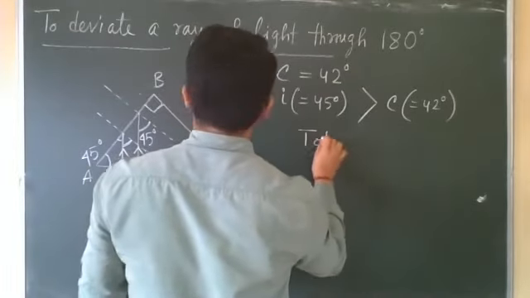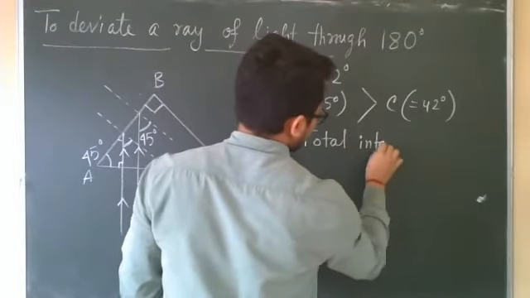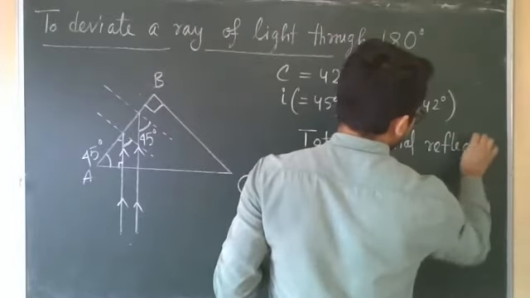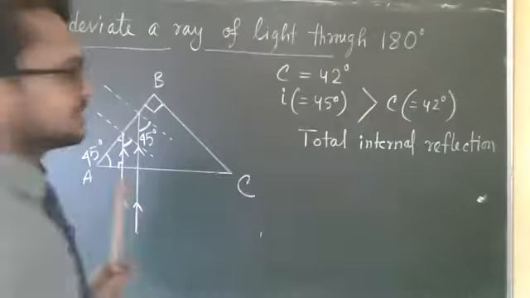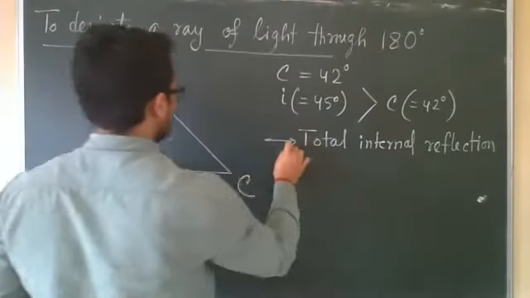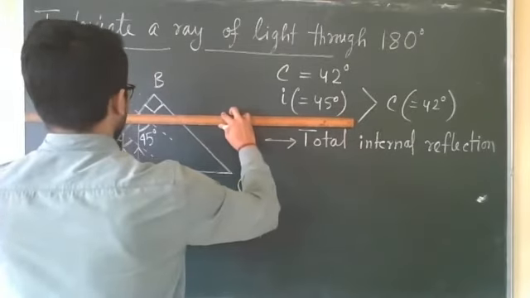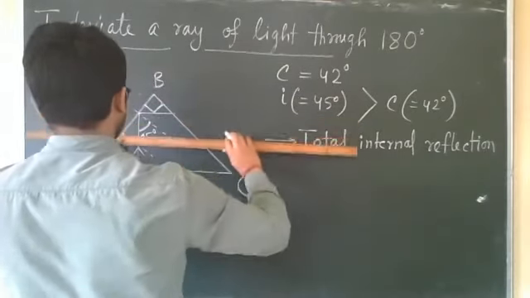What will happen at surface BA? Total internal reflection will occur at the surface BA. That means it will follow the law of reflection.